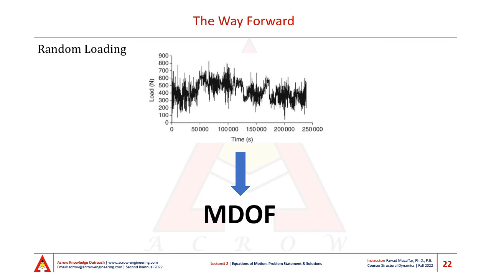After we're done with the single degree of freedom systems, we are going to learn how to calculate the response of multi-degree of freedom structures, meaning structures that have more than one degree of freedom in two dimensions and structures in three dimensions.